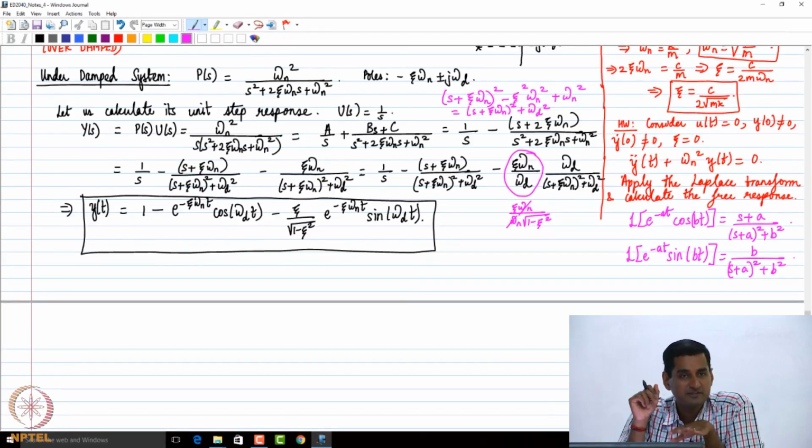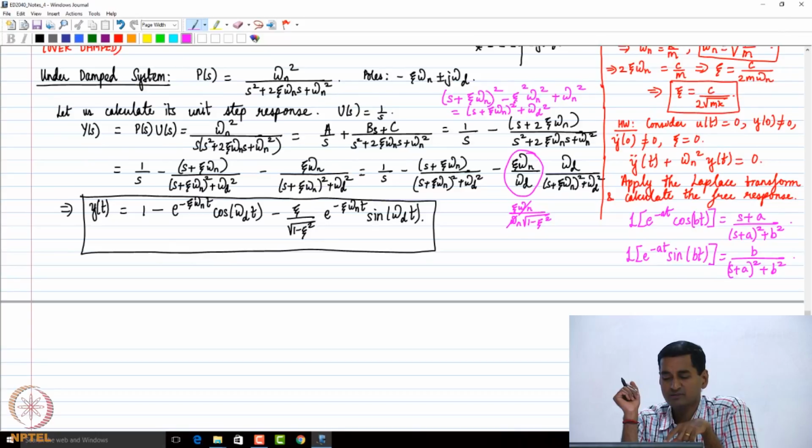Of course, in general, you can write cos omega d t and sin omega d t using Euler's relationship, and then you will see that the poles will be the exponent. So that is observation number one. It is stable because the real part is negative, so as t tends to infinity, the value of y of t tends to 1.